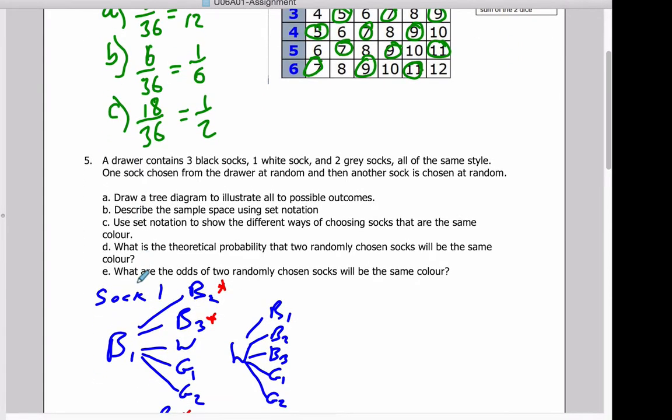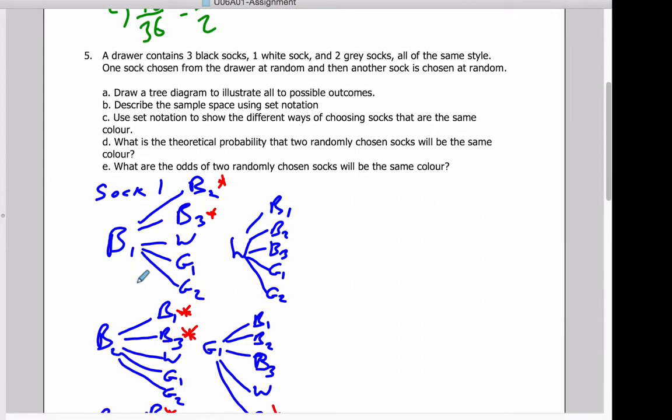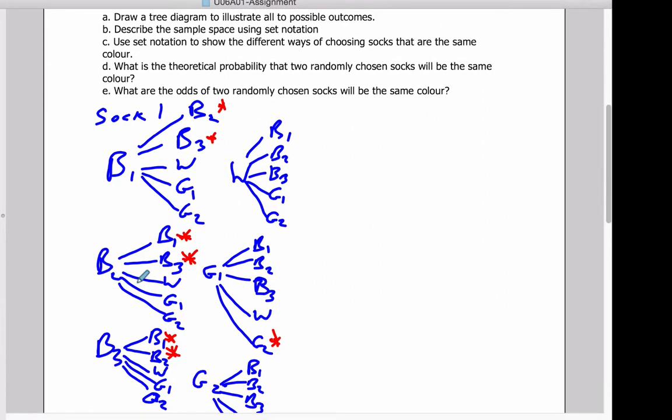Now, I've drawn out this tree diagram, and I'll just explain what it means. If you select the first black sock first, then you could select the second black sock, or the third black sock, the white sock, the first gray sock, or the second gray sock. So for the first black sock, there are 5 possible outcomes if you select that one first.